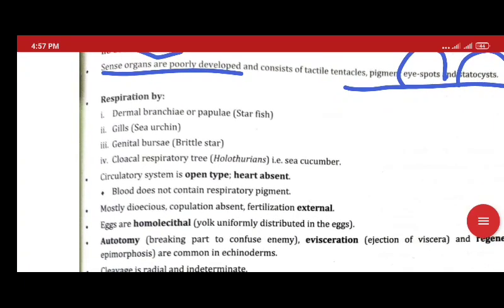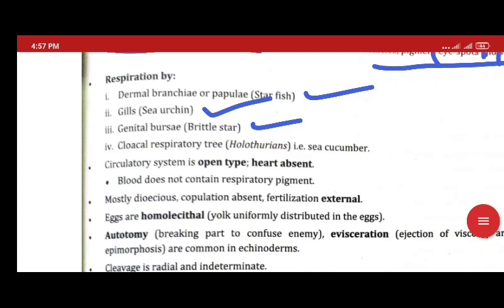Now respiration. In Echinodermata animals respiration occurs through different apparatus: dermal branchiae or papulae in starfish, gills in sea urchin, genital bursae in brittle star, which are like reproductive organs used for respiration, and cloacal respiration in sea cucumber.